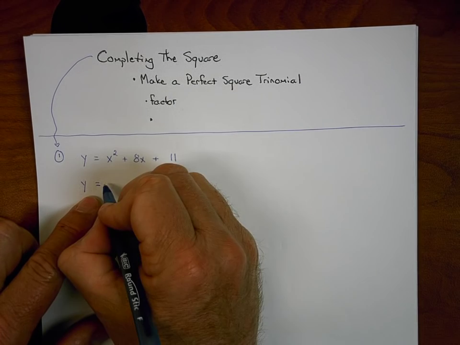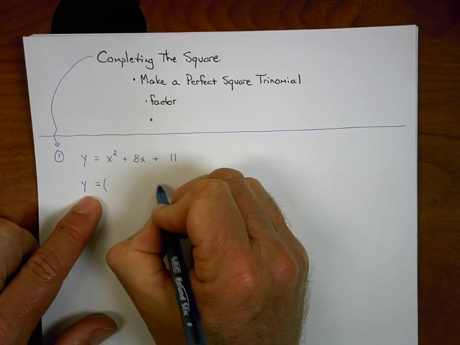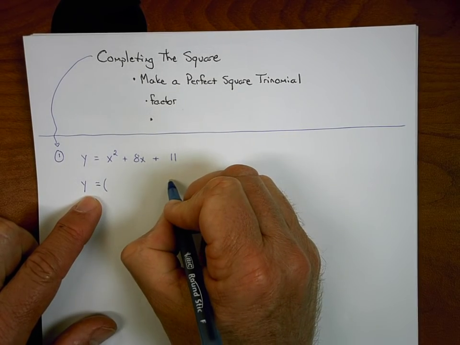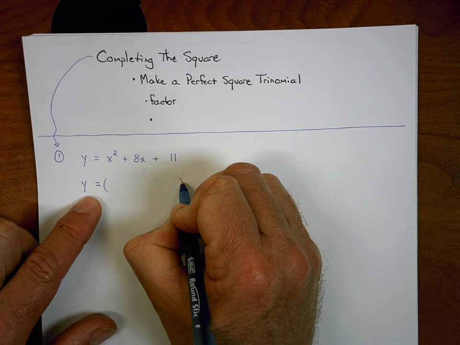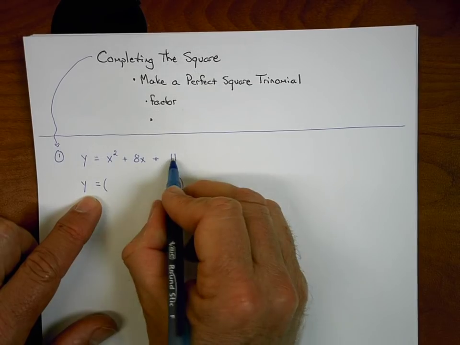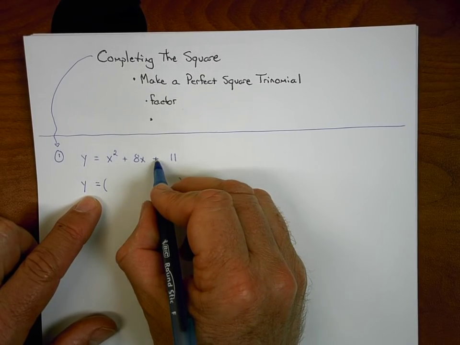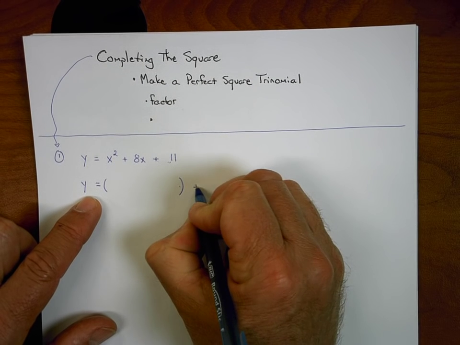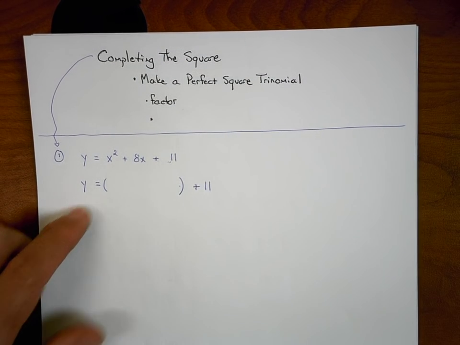And then you're going to start a parentheses, and make it about as big, with enough space, as the entire problem is. Okay, but the very last term, which we call the C term, I want you to write outside the parentheses.